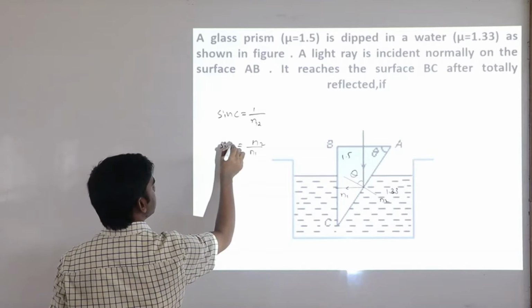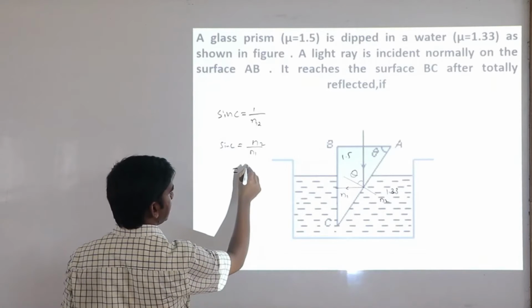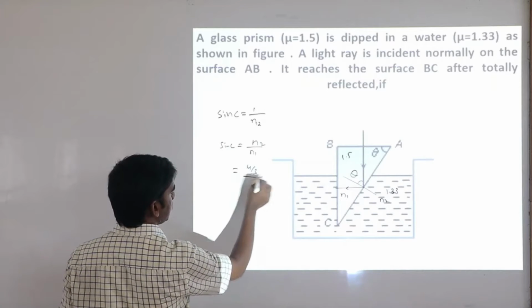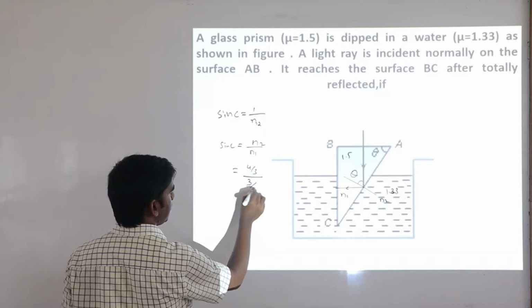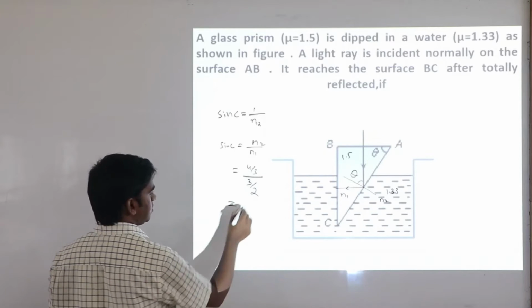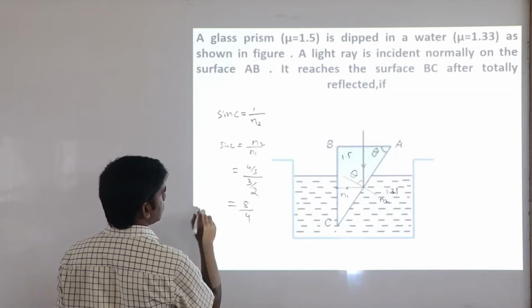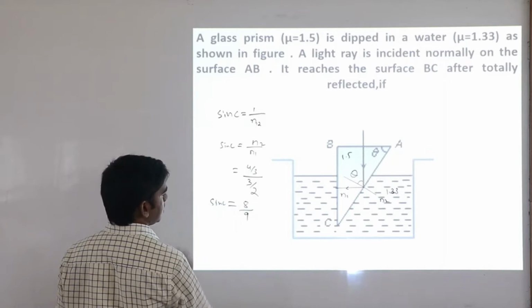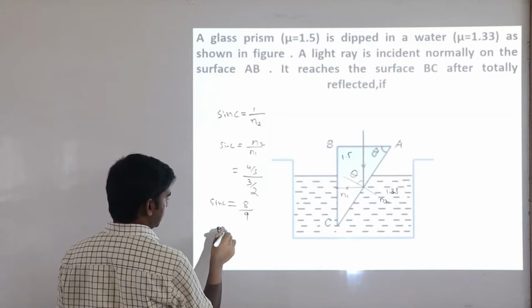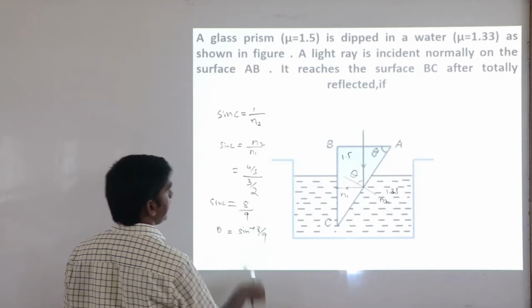So this is sin C. N2 is given as 1.33, that is 4 by 3, whole divided by N1, which is given as 1.5, that means 3 by 2. So this is going to be 8 by 9. This is sin C. So theta equals sine inverse of 8 by 9.